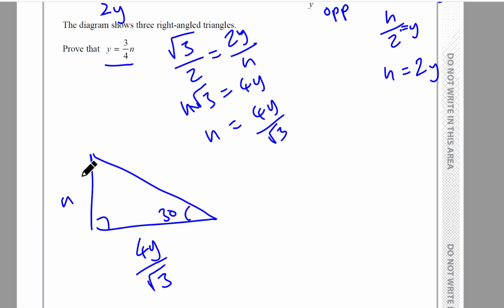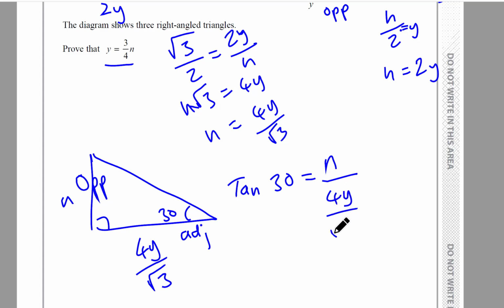We've got the opposite over the adjacent, which we know is tan. So we know tan 30 equals opposite over adjacent. So we're calling that n now. The adjacent is 4y over root 3, and we need to know that tan 30 is 1 over root 3.